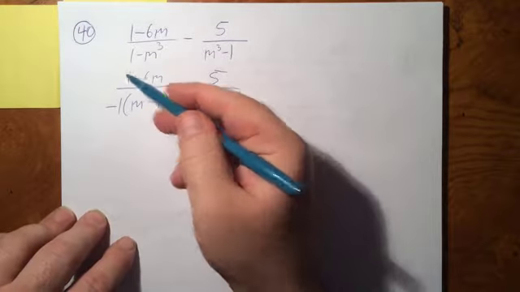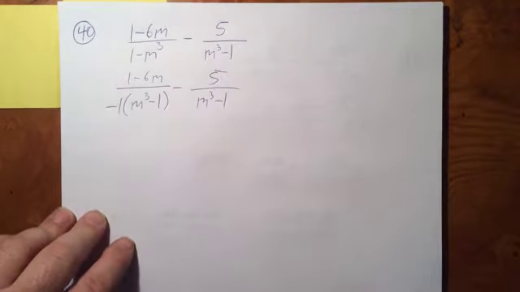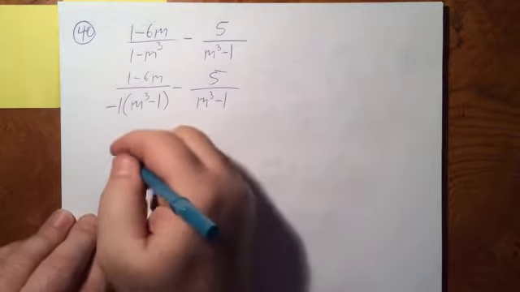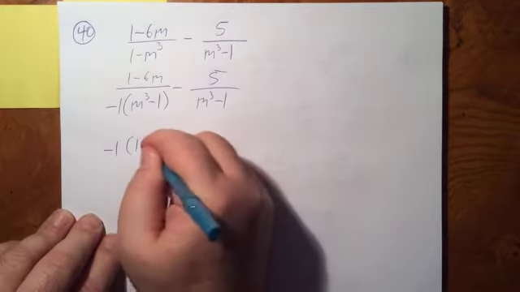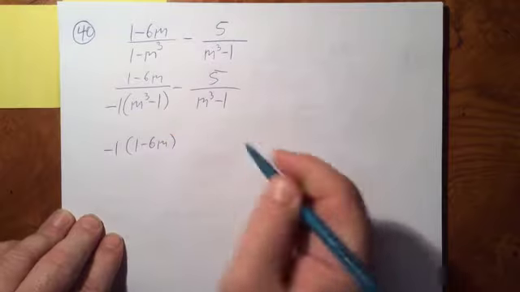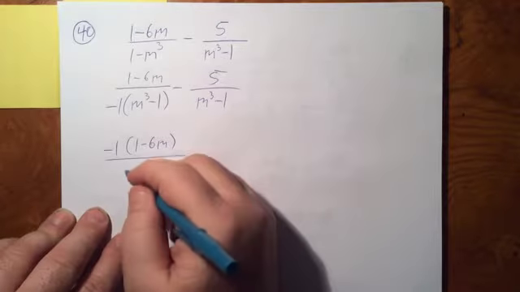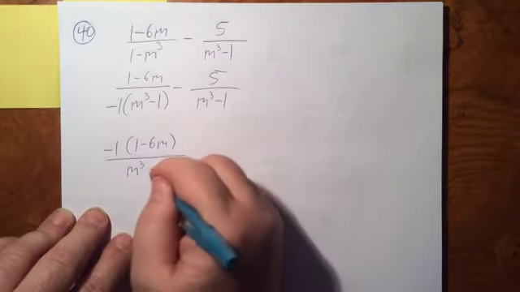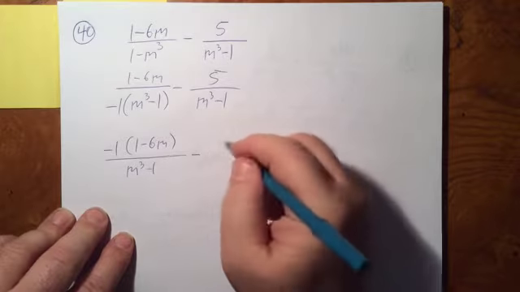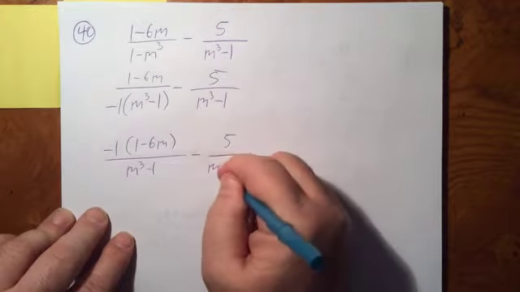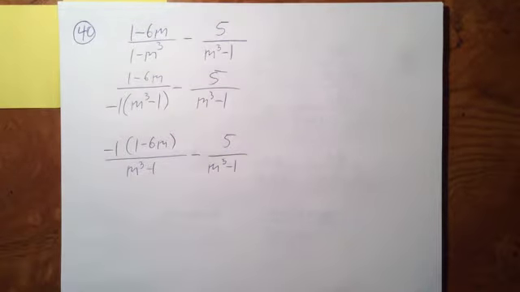But if I bring the negative 1 up here, I've got to be a little careful, because when I bring a negative 1 to the top, I need to distribute it through everything to make sure I handle it correctly. So here's the negative 1 times 1 minus 6m, over m to the third minus 1, minus 5 over m to the third minus 1. But the one thing nice about this, we have a common denominator now.